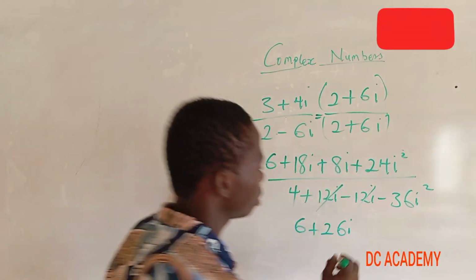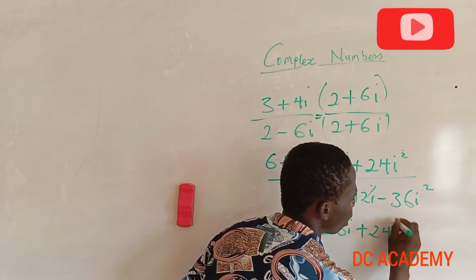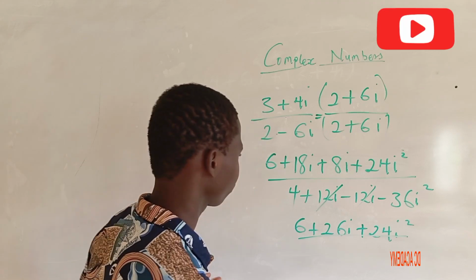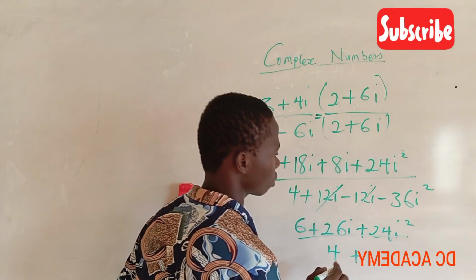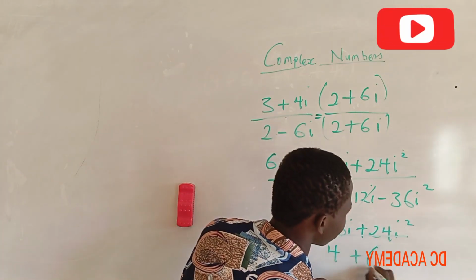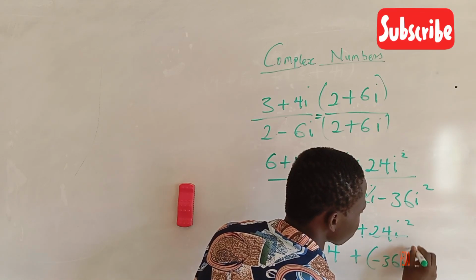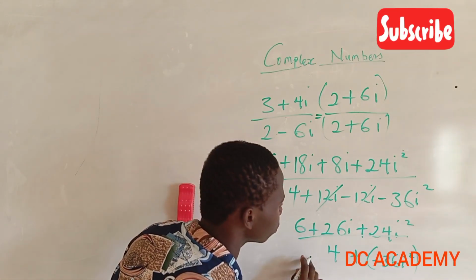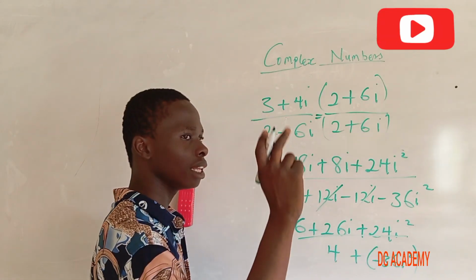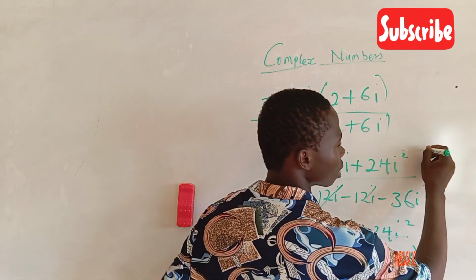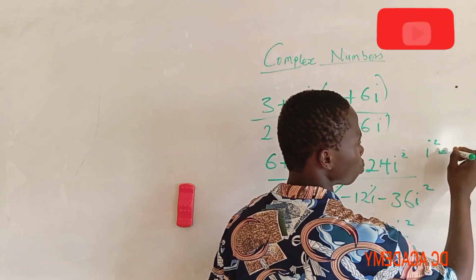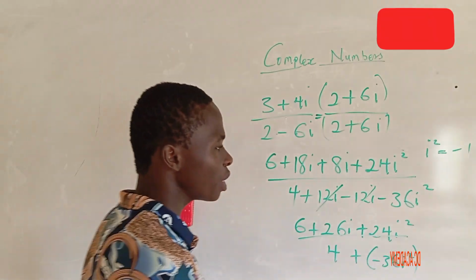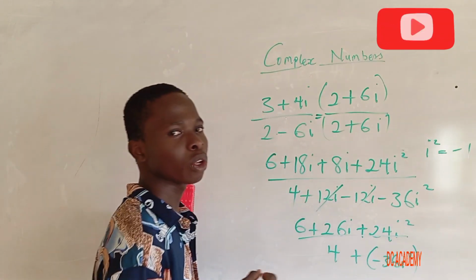Now, plus this 24i squared, all divided by 4 plus, now, plus minus 36i squared. And remember I told you earlier, don't forget this, that i squared is supposed to be minus 1, because we'll be using it here. Now, anywhere you see i squared, change it to minus 1.